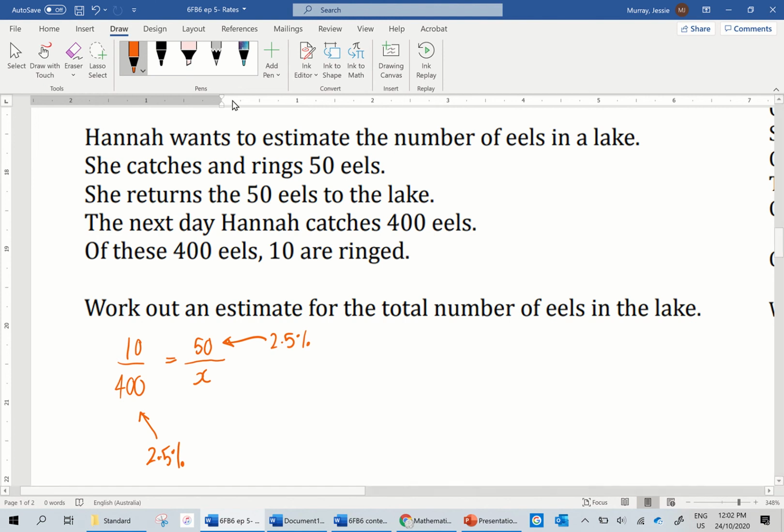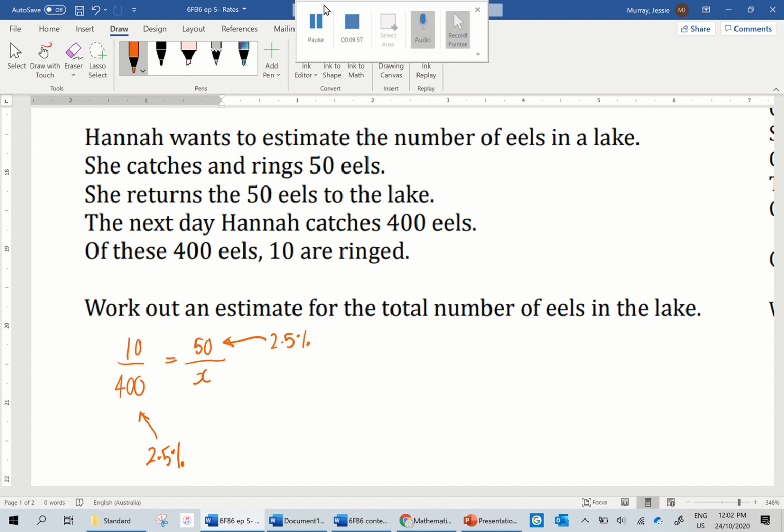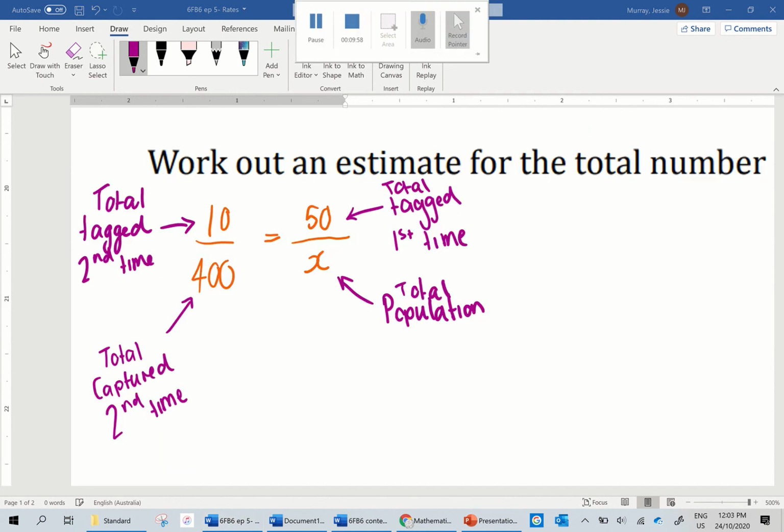The final way, and I don't like really relying on this way, but I will show you something as well. This is another way of looking at it. And again, I don't like this because of the list of all the things you need to remember for your HSC, and this is just adding another one. Okay, so you can remember this little part. If you have a good memory, go for it.